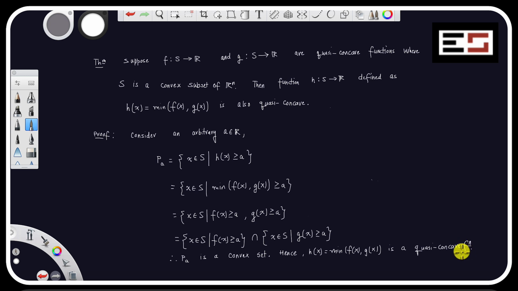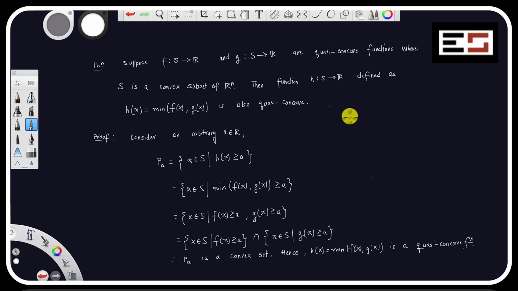Now this is a very interesting result. We can actually think of some examples where we can just apply this result and say that the function is quasi-concave.